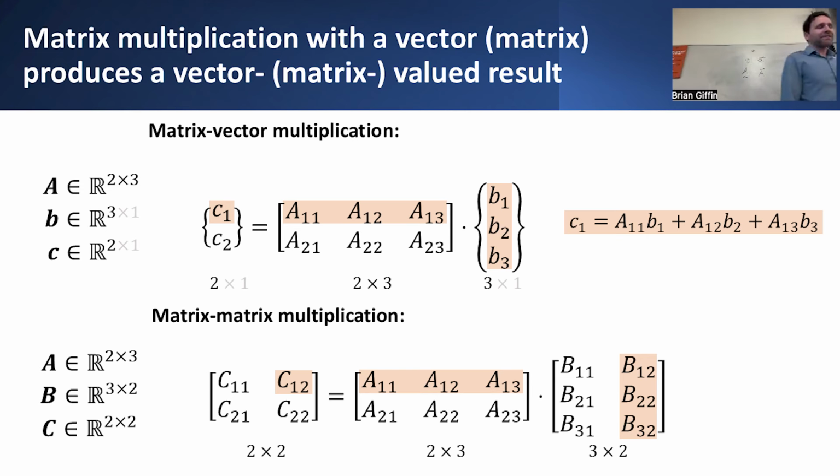So that is what gives me this first entry C1. It's just this row dot product with this column. Same thing, C2 would just be this row dot product with this column. And you can proceed and generalize that idea to matrices of other, more general sizes.